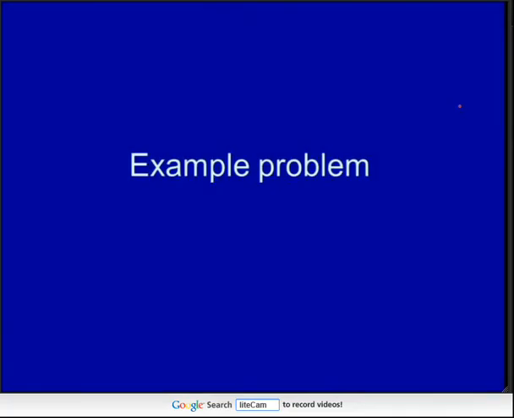Simple subtraction. And I pressed the wrong button on that, so that's why it didn't come up. Okay, yeah, it's just simple subtraction, isn't it?